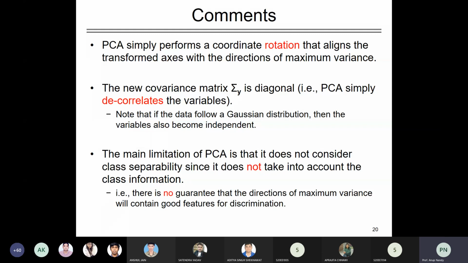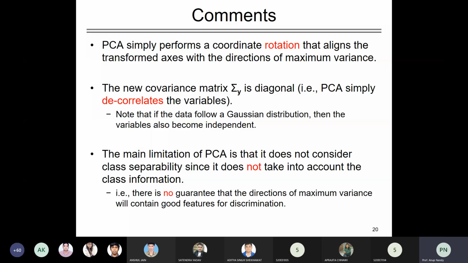If you have two directions, or more than two directions, you are going to align them. You are just doing a rotation. The matrix that you have now is called the rotation matrix. This is n cross k. This transformation matrix is called the rotation matrix, which aligns the transformed axes with the direction of maximum variance.